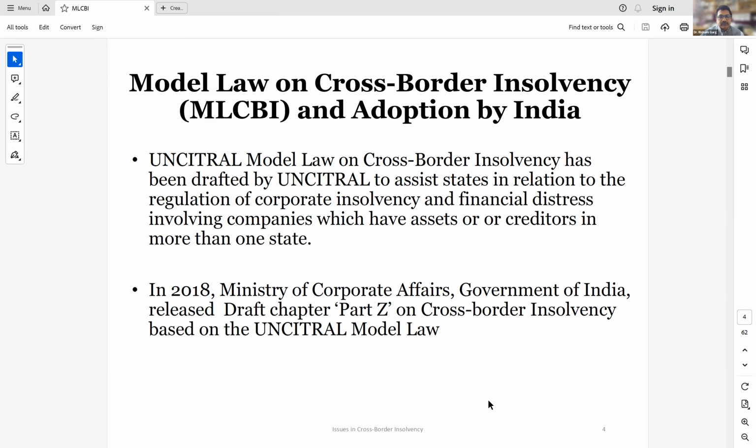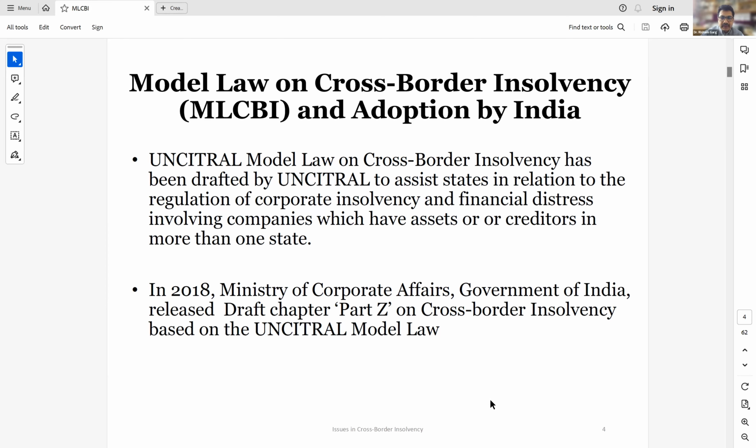Now, what is the model law on cross-border insolvency, and what is the status of it being adopted in India? So the UNCITRAL model law on cross-border insolvency has been drafted by UNCITRAL. UNCITRAL is the wing of the United Nations, which is the United Nations Commission on International Trade Law, which drafts draft laws and laws, that is conventions, treaties, to regulate the business law or the international trade law, basically.